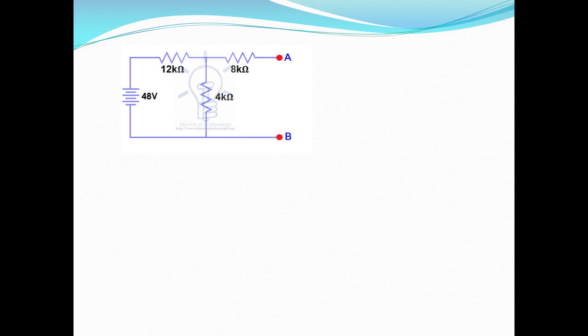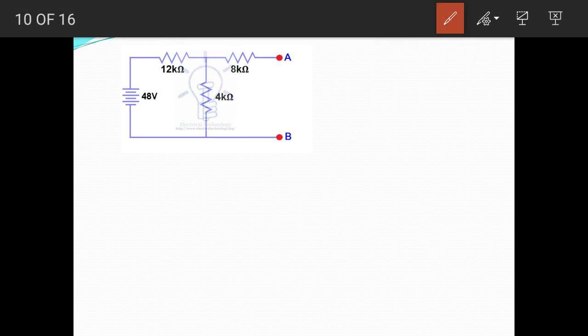To find the value of VTH, first we remove the load resistance from the circuit. Then we find the voltage across the open circuit terminals of the load. So in this circuit, VTH is nothing but the voltage across the 4 kilo ohm resistance.